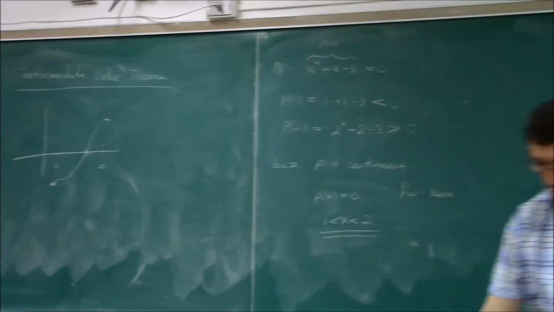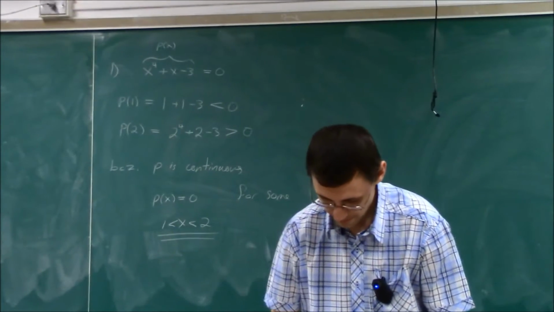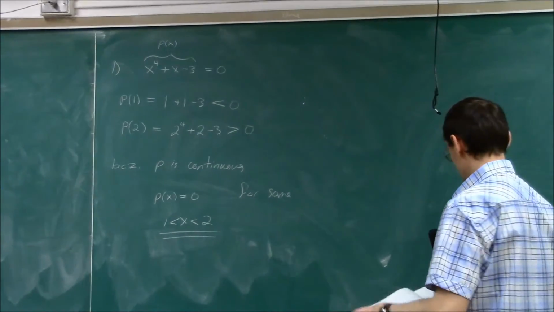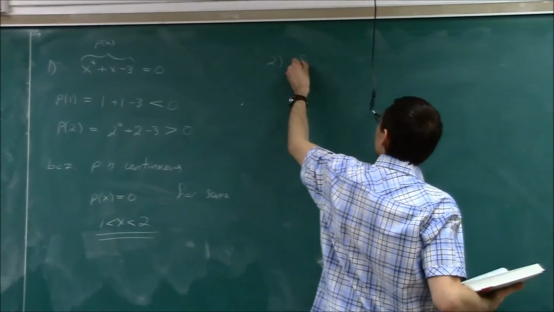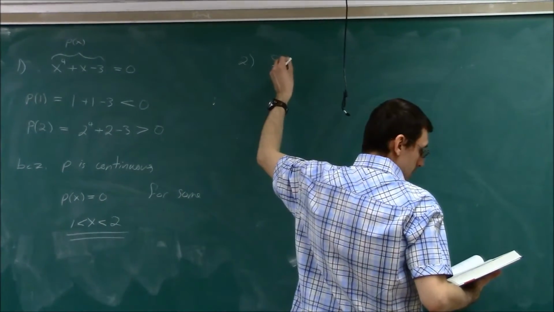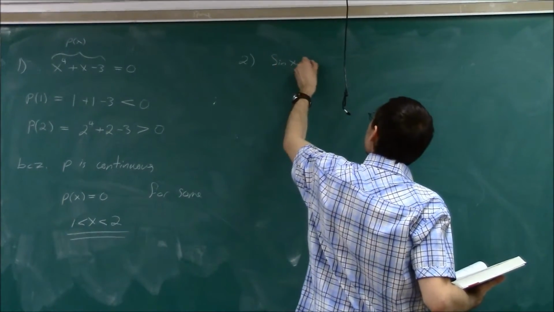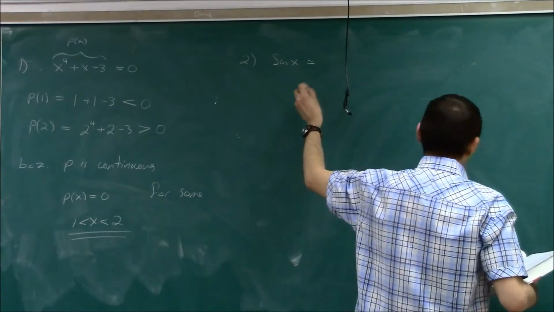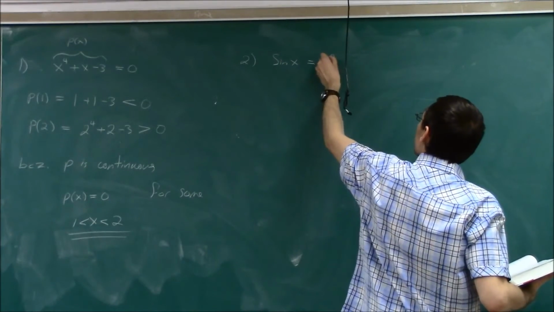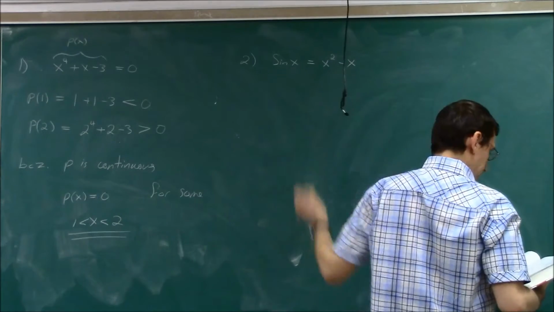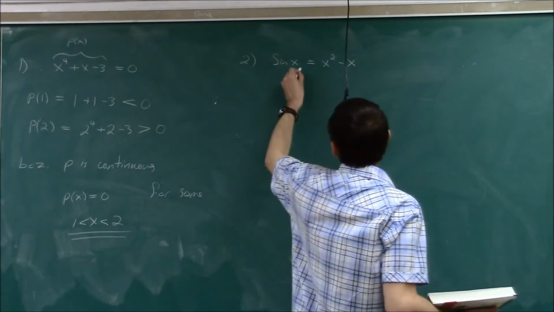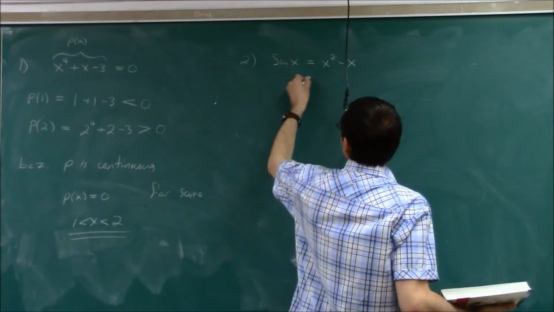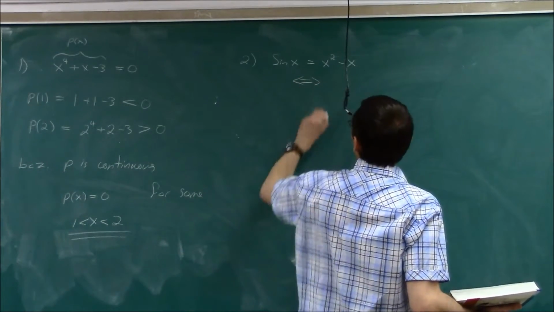Let's consider a few more problems. Let's suppose now that we have the equation sine of x equal to x squared minus x. So we can translate this equation to one where we compare to 0.